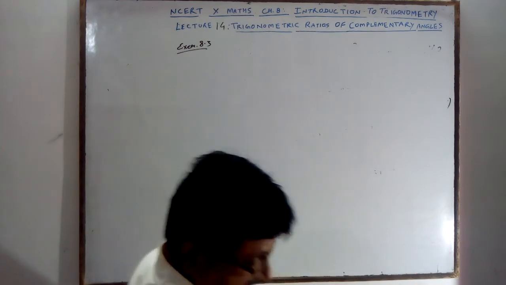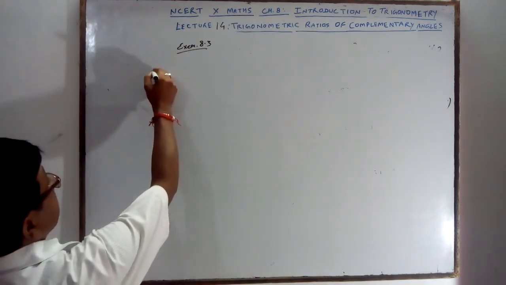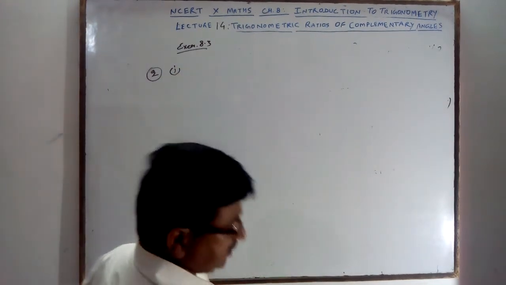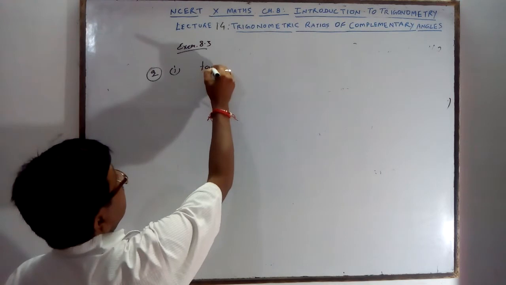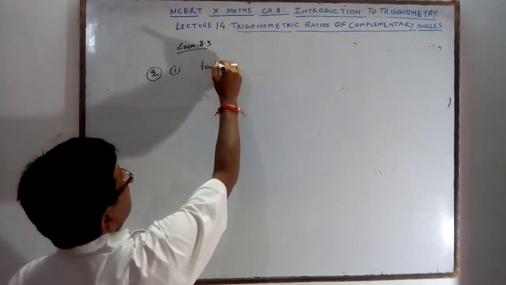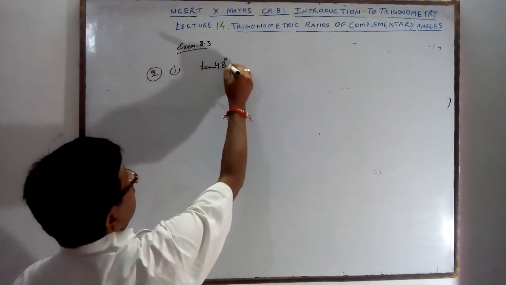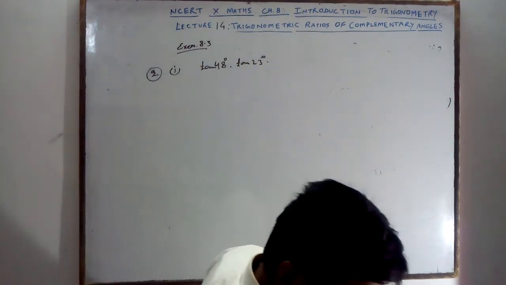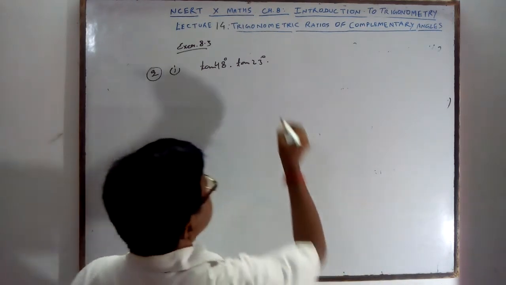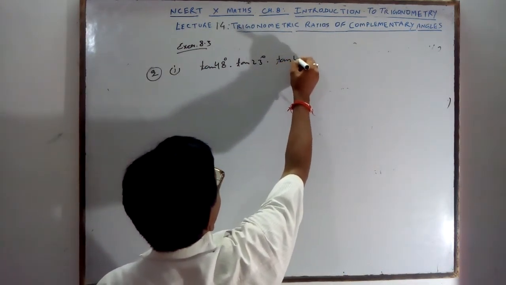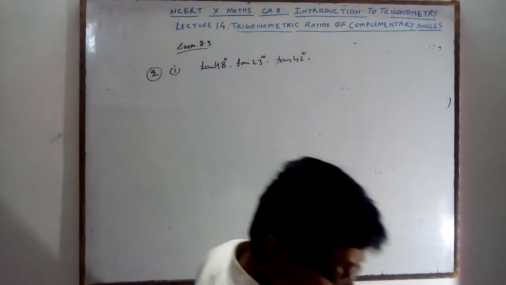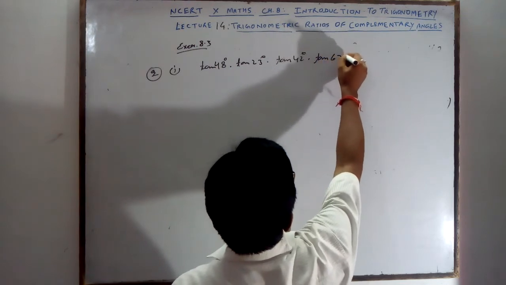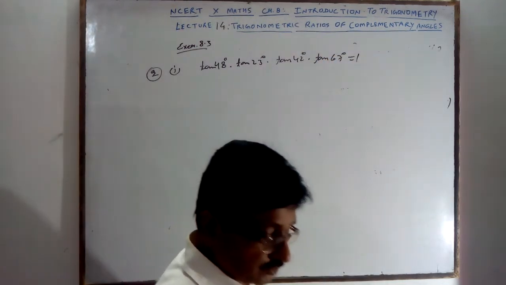First, show that tan 48 degree into tan 23 degree into tan 42 degree into tan 67 degree is equal to 1. You want to prove.